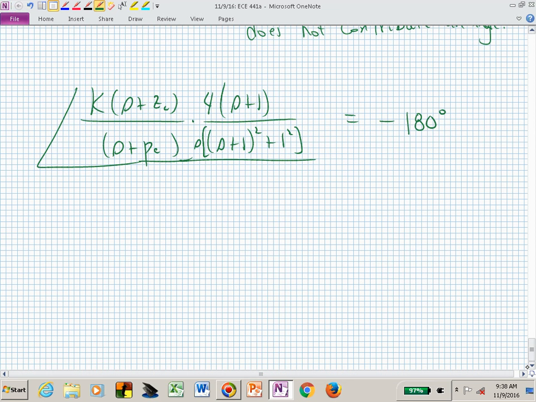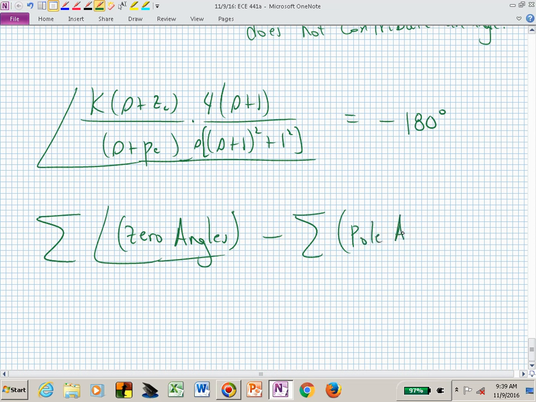Looking at this algebraically, I'm taking the angles due to my zeros, since they are in the numerator, or upstairs, and subtracting the angles due to the poles, and those I need to equal minus 180 degrees.